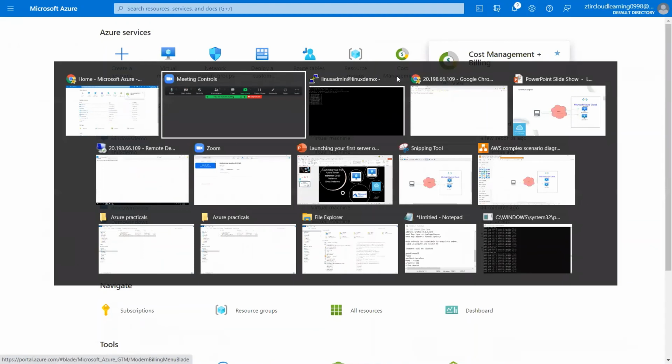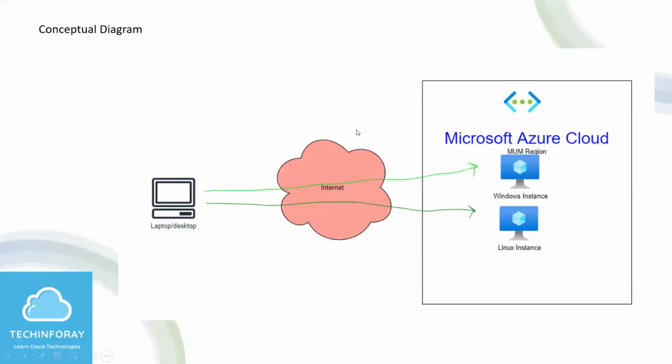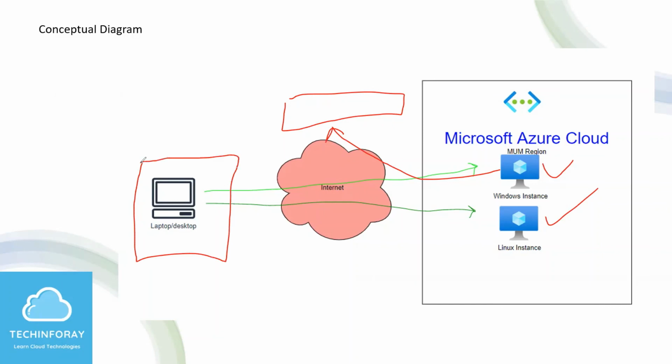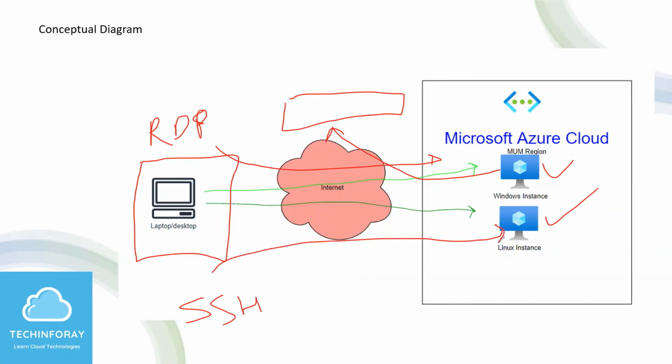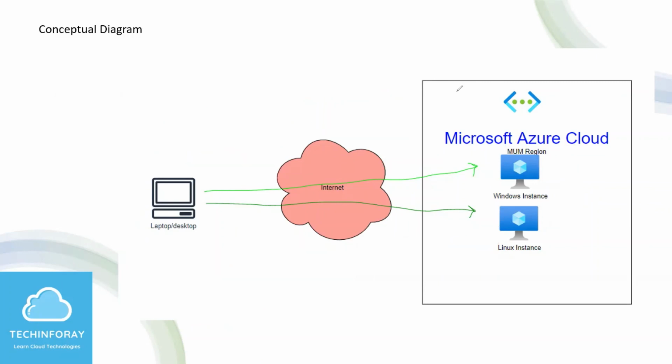And again, if I show you the diagrams, we created Windows and Linux machines on the Azure cloud, also published a web page over the internet using Windows IIS server, and we are accessing these machines from our laptop using RDP or MSTSC to access the Windows machine, and using SSH PuTTY to access the Linux machine public IP address. So from our laptop, we can manage these servers easily.